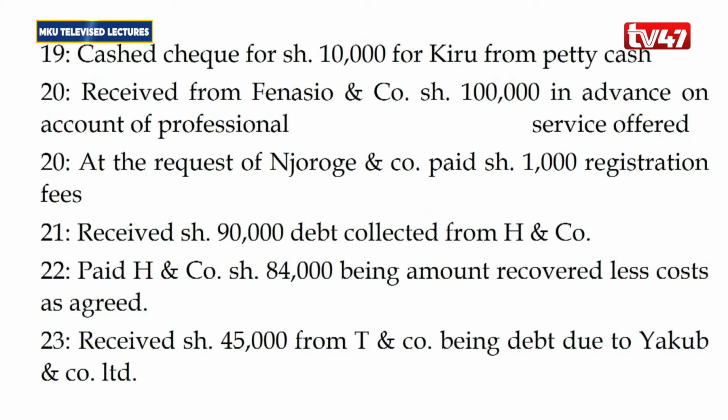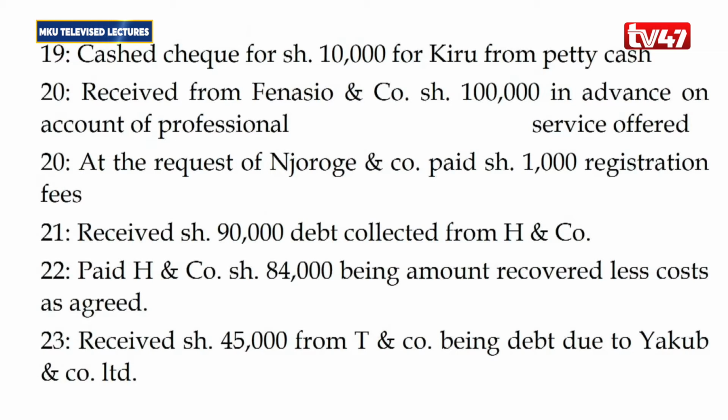Then on the 20th again, at the request of Joroge and Company, we paid a 1,000 registration fee. Then we received 90,000 debts collected from H and Company. Then on the 22nd, we paid H and Company 84,000, being amount recovered less costs agreed.